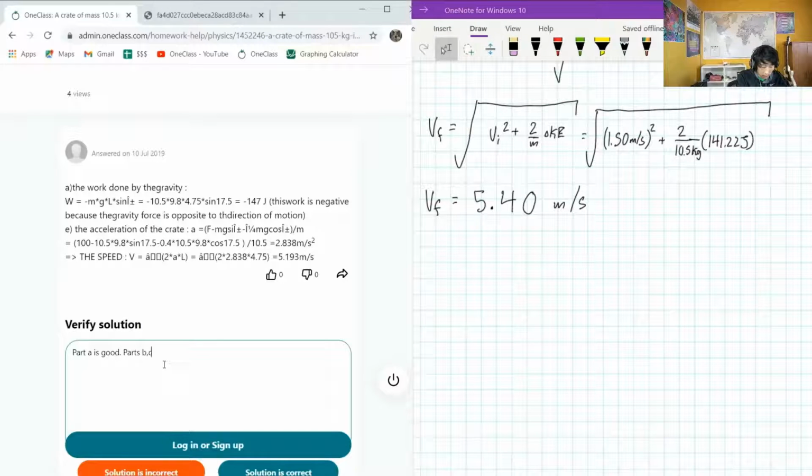Parts B, C, D are not answered, and they help make a more clear procedure for part E. It would be easier to do with energy instead of finding the net forces and accelerations.